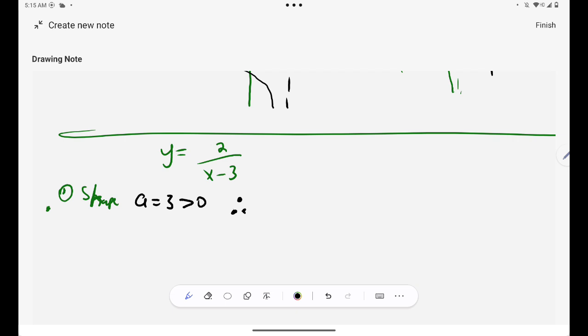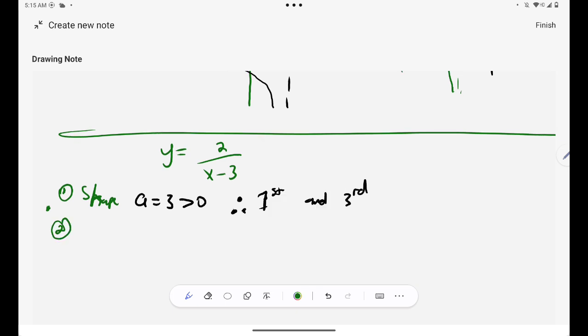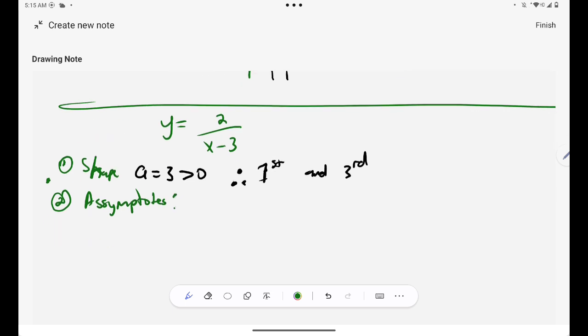Therefore, I know that my graph will be on the first and third quadrant of my asymptotes. Are we together? And then step number 2, write down the asymptotes. For my horizontal asymptote, there's nothing that is restricting my graph horizontally.